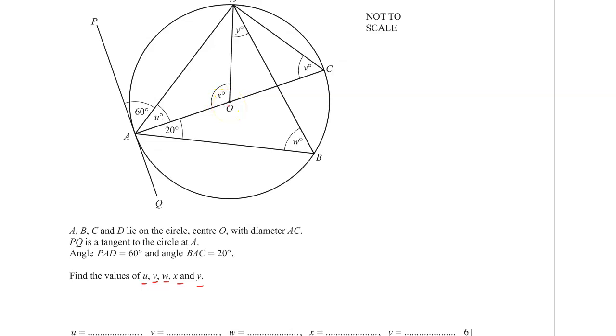So we know that this is a diameter, so this angle here plus Y plus this angle here gives us 90, and a diameter subtends 90 degrees at the circumference of the circle.